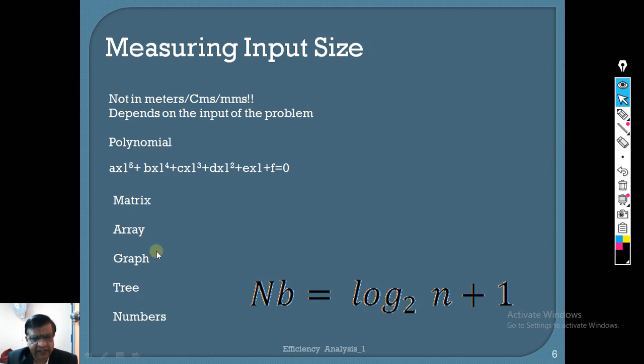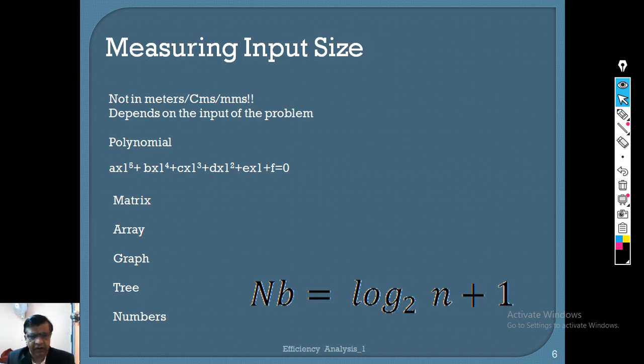And if it is a graph related problem, we need to make use of two inputs. We need to define two input sizes: the size of the vertex set and the size of the edge set, because a graph is an amalgamation of a binary relationship between vertices and edges.